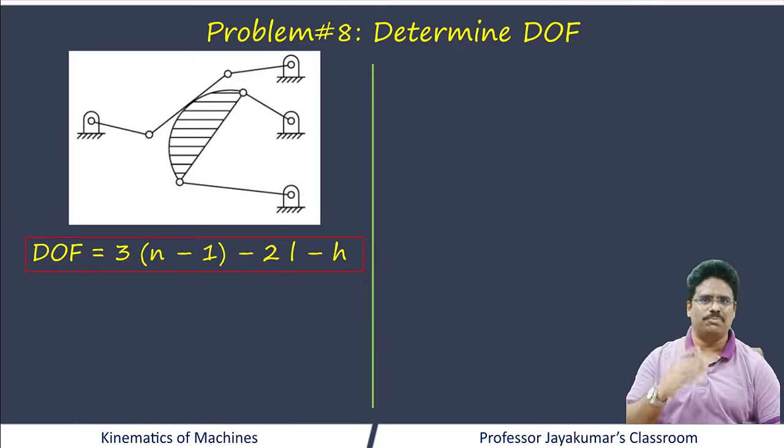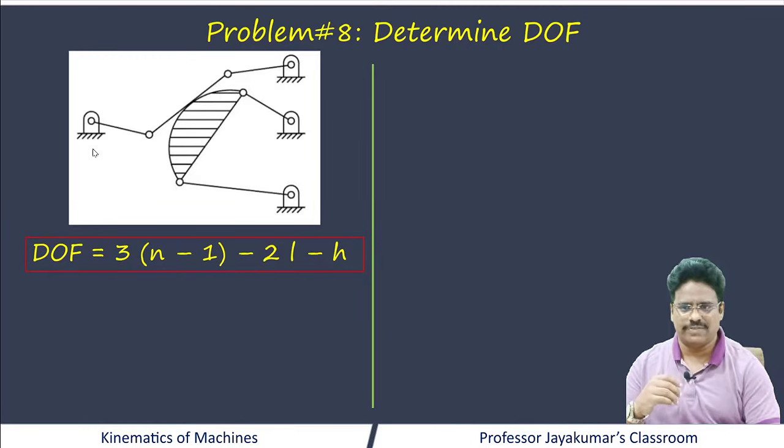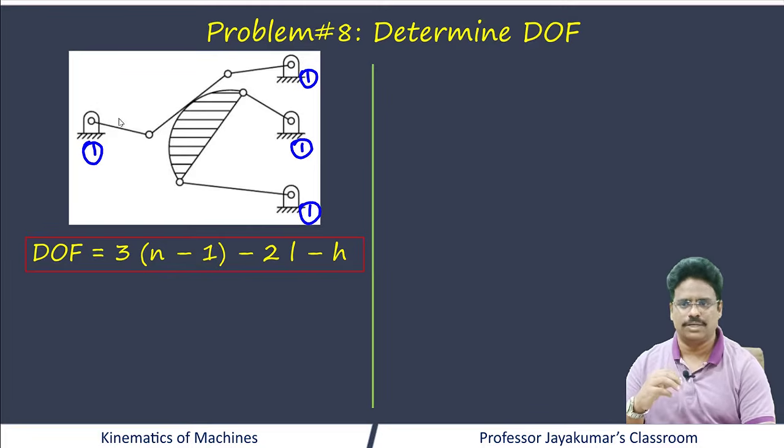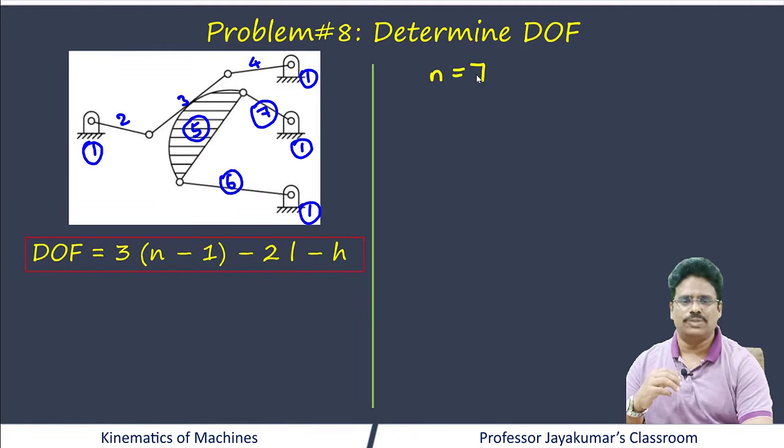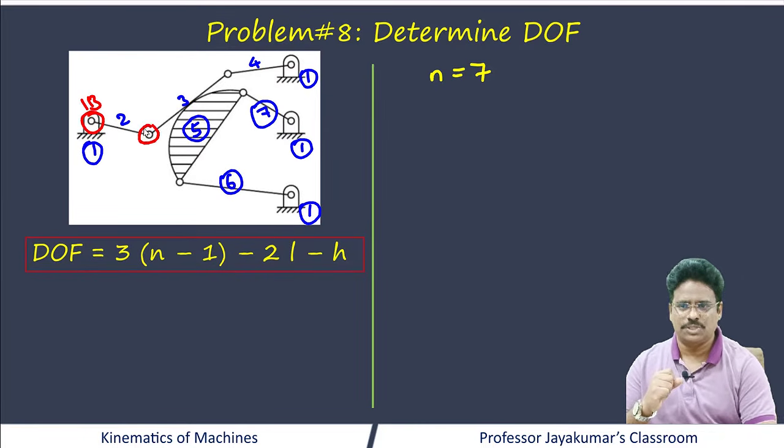Now let us solve problem number 8 in the same manner. First, numbering of the links. Obvious. So number of links n is equal to 7. Now let us see the binary joints. 1 binary, 2, 3, 4, 5. Is it a binary or ternary? Binary. 6, 7, 8.